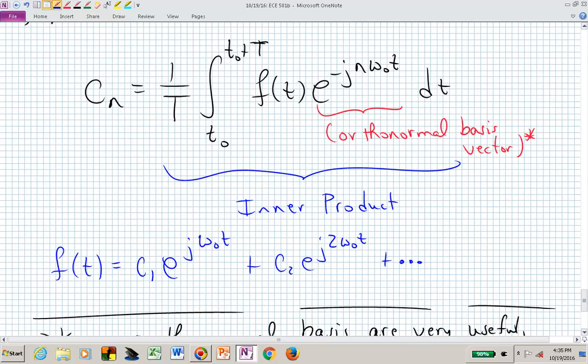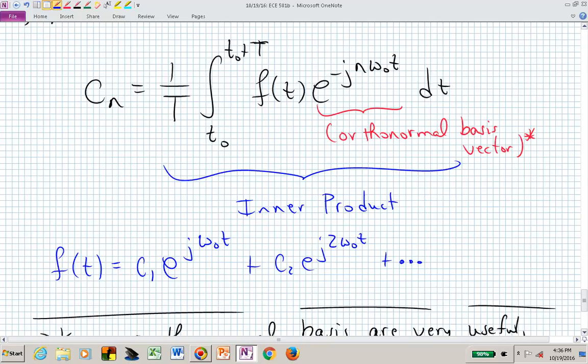F of t is just the scalars weighting these vectors, where the vectors are e to the j omega naught t. That's an orthonormal vector. Then we have plus c sub 2 scaling. We're finding these scalars, c1, c2, via this inner product.